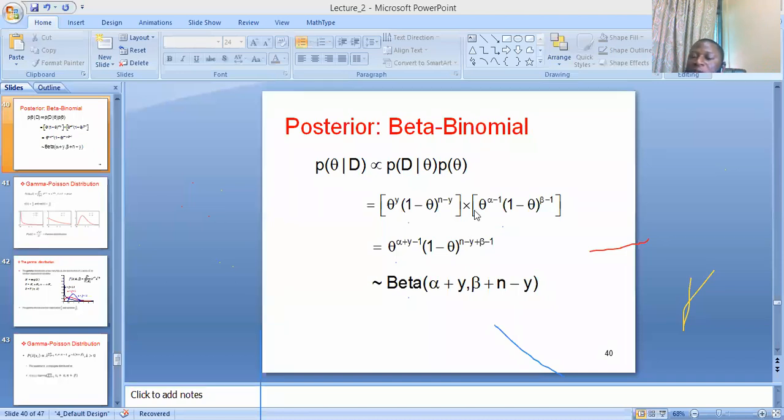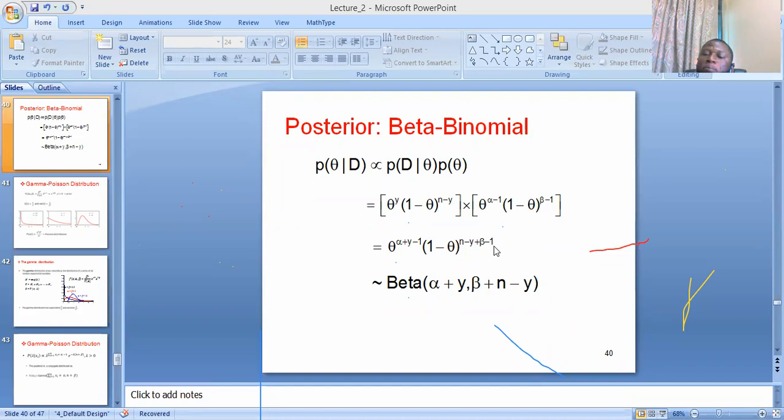Now, if we multiply these components together, we have theta multiplying theta to the power alpha minus 1. This is going to give us theta to the power alpha plus y minus 1. And then what is in the brackets here, multiplied by what is here, we are going to get 1 minus theta because that is common to here and there. Then we add the exponent, and that is going to be n minus y plus beta minus 1.